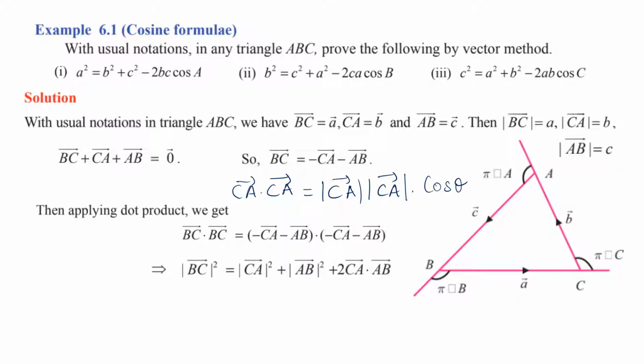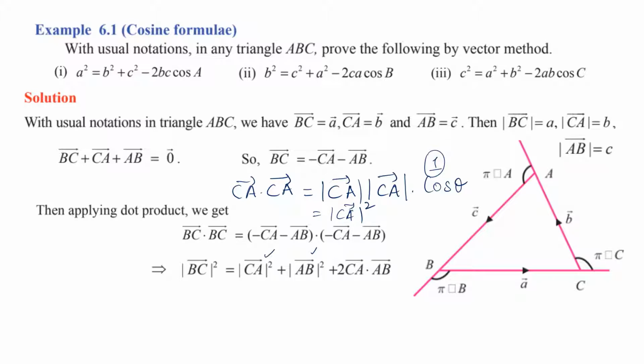The angle between the two vectors is 0. So this cos theta will be 1. So your result will be CA into CA. So that is CA the whole squared. So that's why we have CA the whole squared. Similarly, you will get AB the whole squared plus 2 times CA into AB.